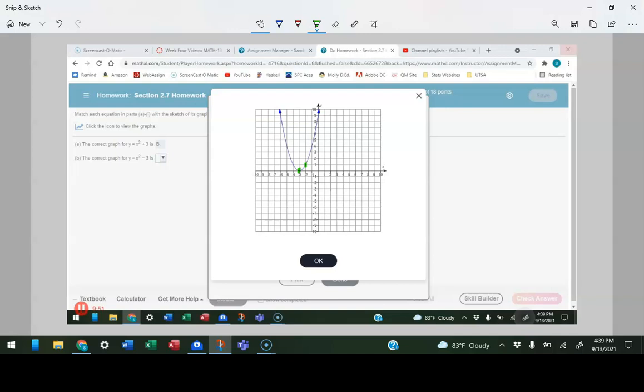So I do know it has not been stretched or compressed. I do know it has not been flipped. I also know it's still anchored on the x-axis, which means it only moved left-right. It did not go up-down. So I know now that this thing moved to the left, so it's x plus 3 squared. Okay, x plus 3 squared.